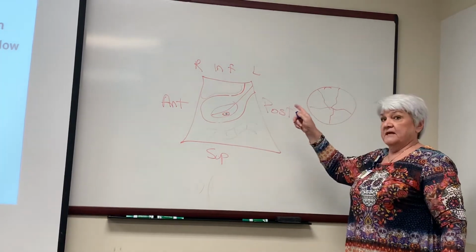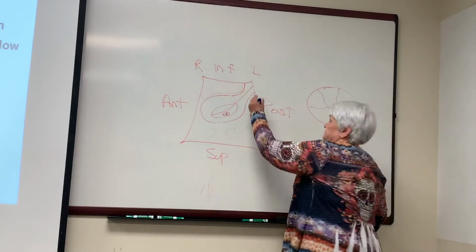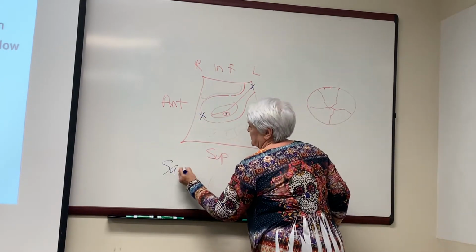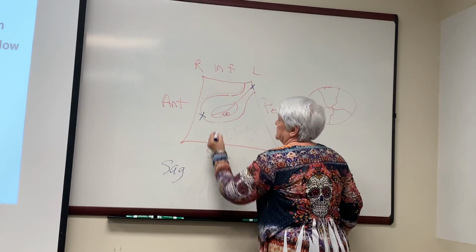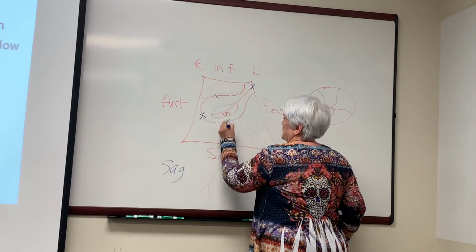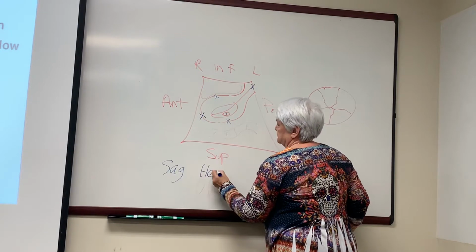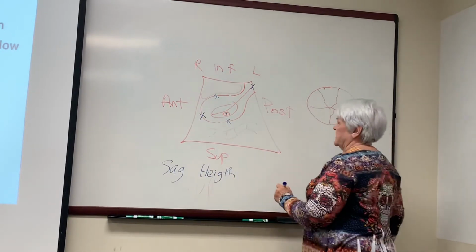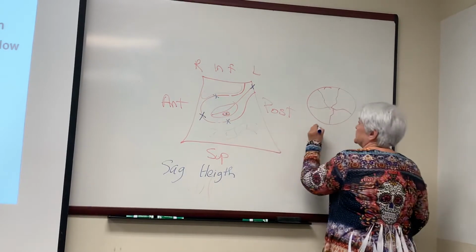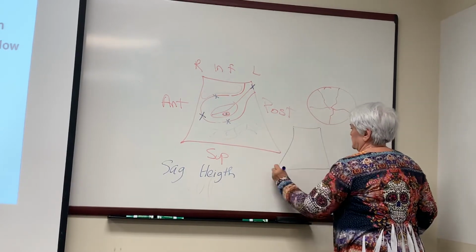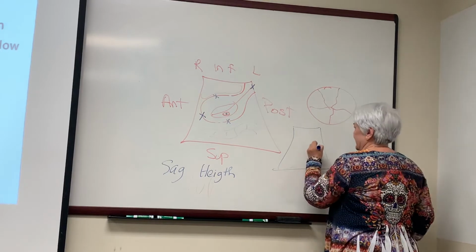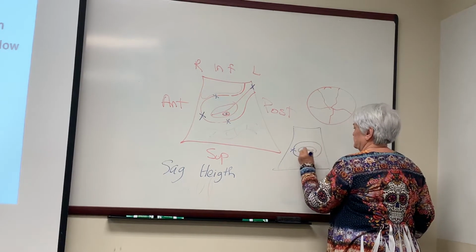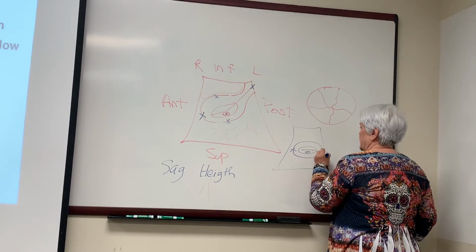So how do I measure this? Sagittal. Height. Is that spelled right? Yep. Okay. And then I'm going to turn transverse on it. It's active. And it's going to look like this. Okay?